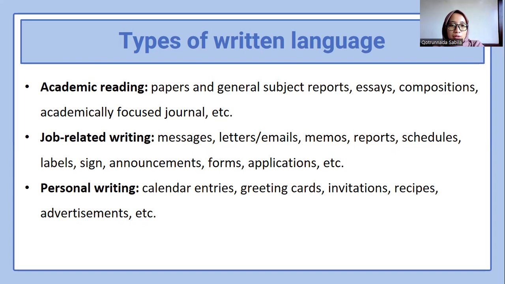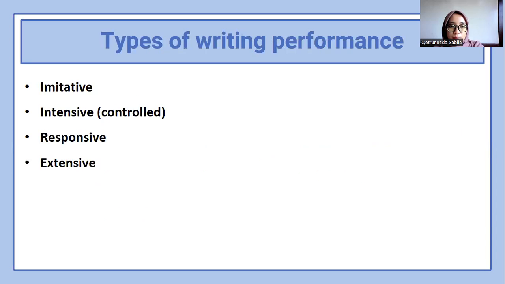Here, academic writing: papers and general subject reports, essays, compositions, academically focused journals, etc. And here, job-related writing: messages, letters, emails, memos, reports, and many more. And then we have personal writing, such as calendar entries, greeting cards, invitations, recipes, advertisements, and many more.